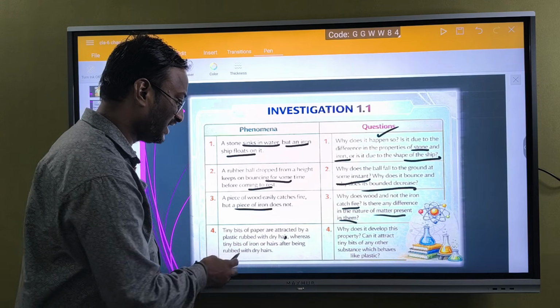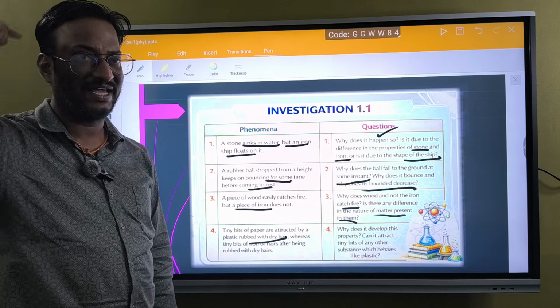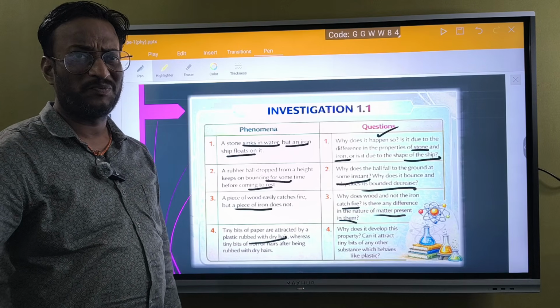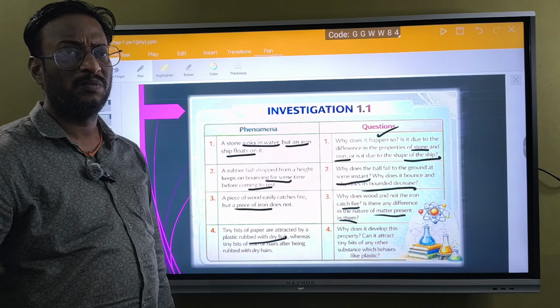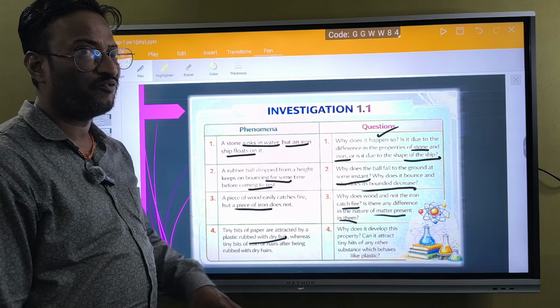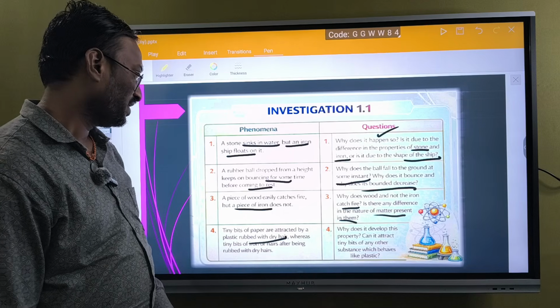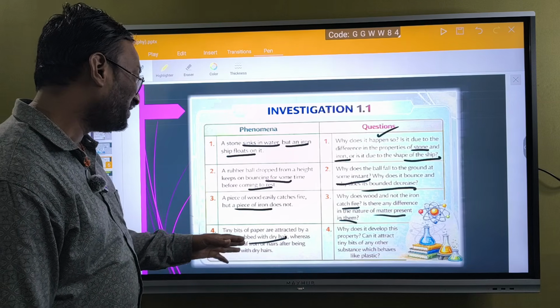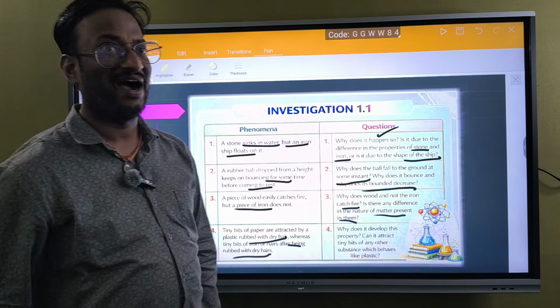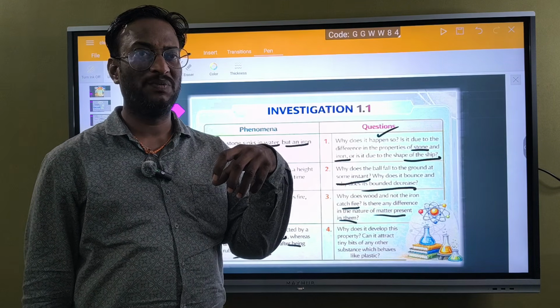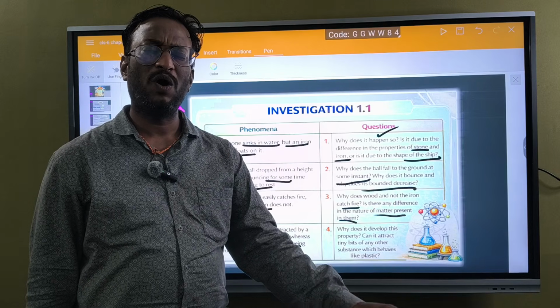Again, tiny bits of paper are attracted by plastic rubbed with dry hair. If you rub a plastic comb with dry hair and place small pieces of paper near the comb, they will get attracted, though they won't touch. Whereas tiny bits of iron nails will not be attracted after the comb is rubbed with dry hair. Iron nails will not be attracted to the comb, but the small papers will.